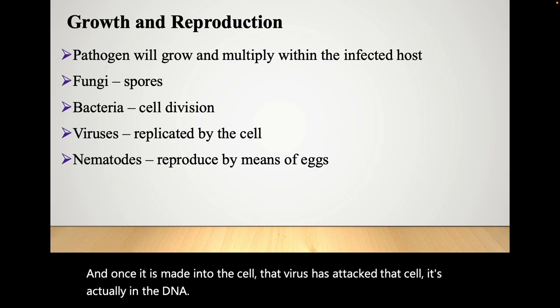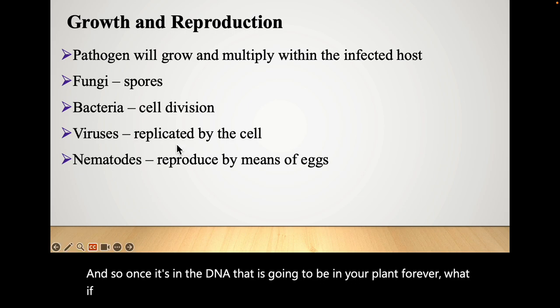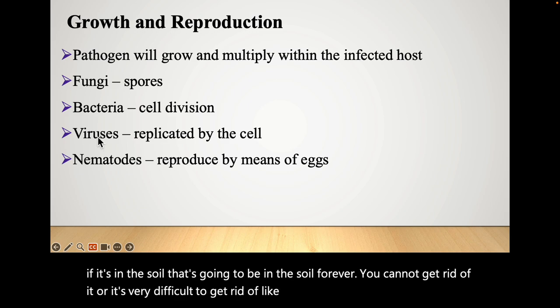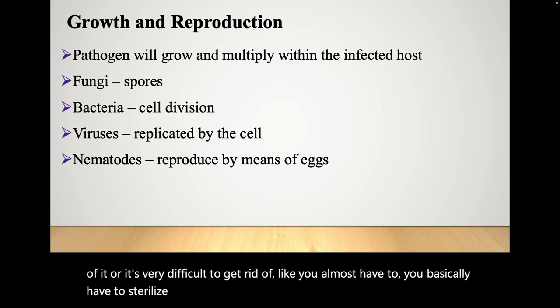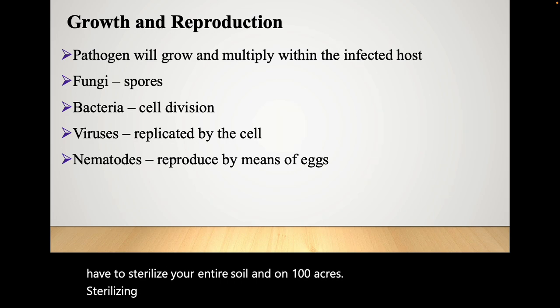And so once it's in the DNA, that is going to be in your plant forever. What if it's in the soil? That's going to be in the soil forever. You cannot get rid of it, or it's very difficult to get rid of. You basically have to sterilize your entire soil. And on 100 acres, sterilizing the soil really is a last ditch effort.